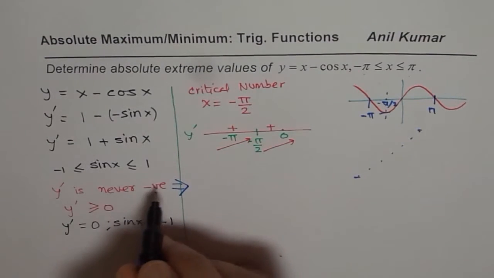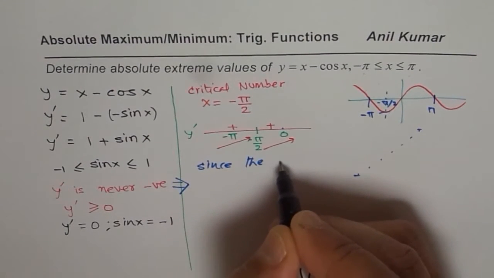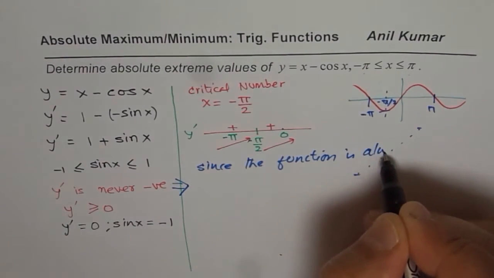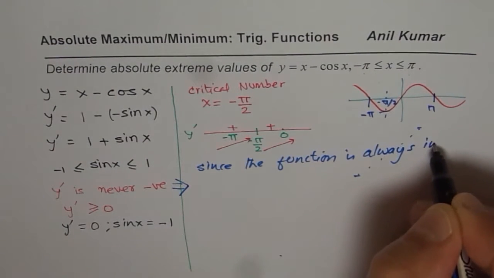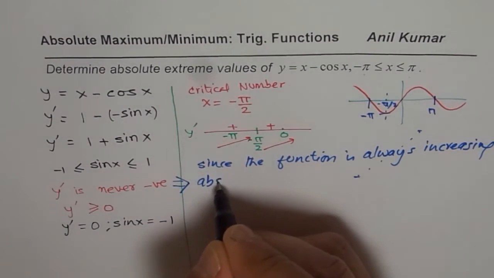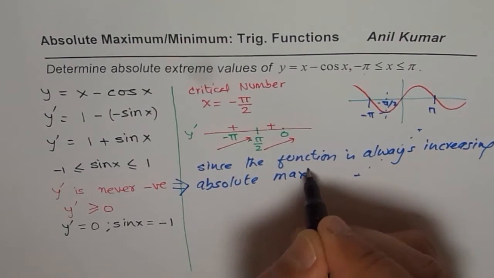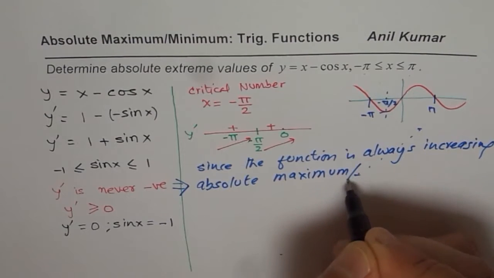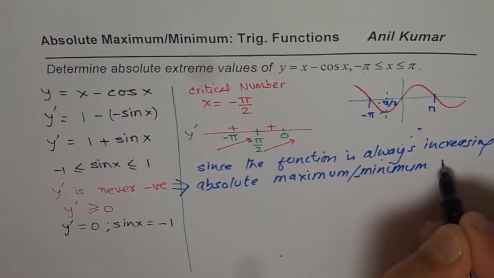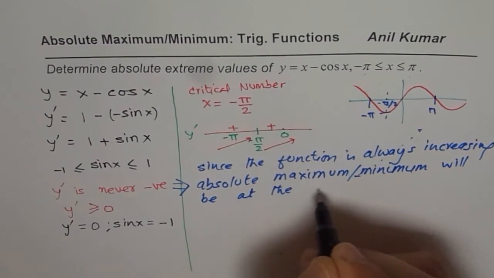Since the function is always increasing, the absolute maximum and minimum will be at the boundary.